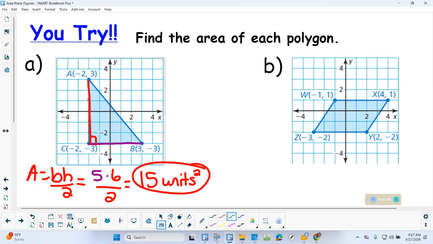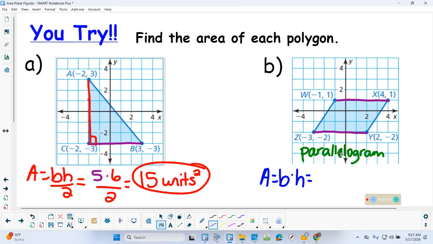And the final problem. All right, let's take a look at this one. Of course, first we need to identify it. This is a parallelogram again. Now, just like I talked about on the previous slide, opposite sides are parallel. You can count your rise over run on each of them to justify that. Base times height for the formula. So of course the base, I'm just going to count one of the bases here. 1, 2, 3, 4, 5.